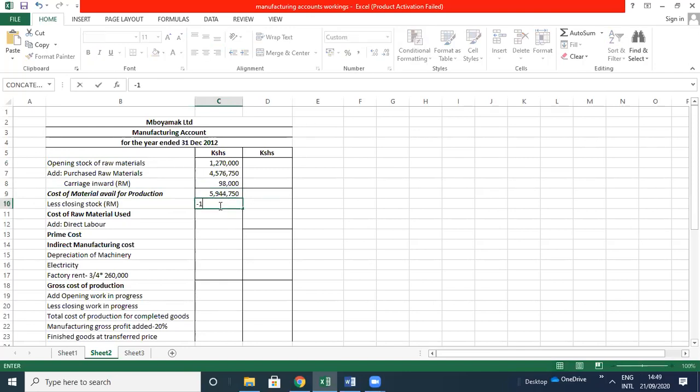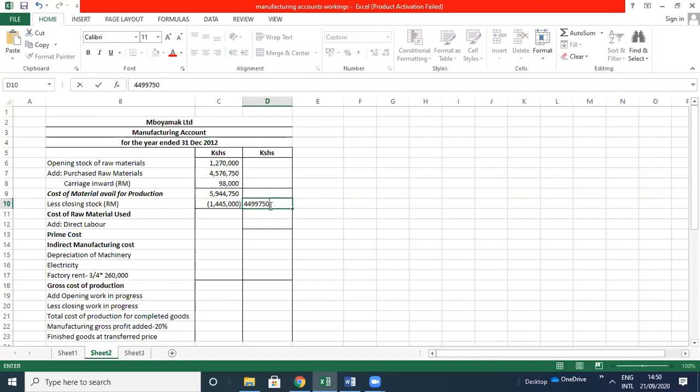Now I know some of you are looking for that figure. Where do you get it? You get it in the additional information down there, 1445. And therefore, if we less that, what do we get? 4499,750.